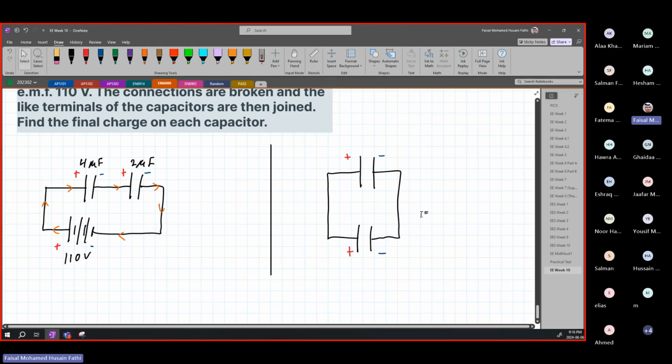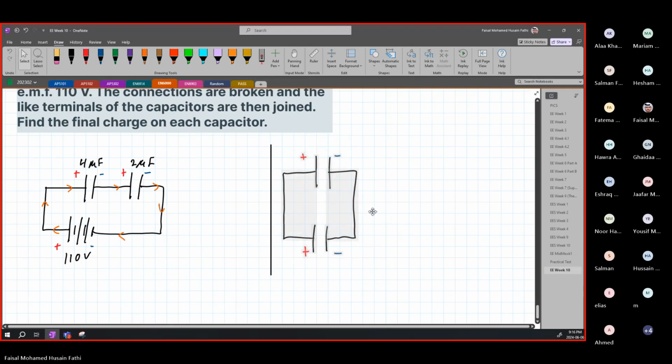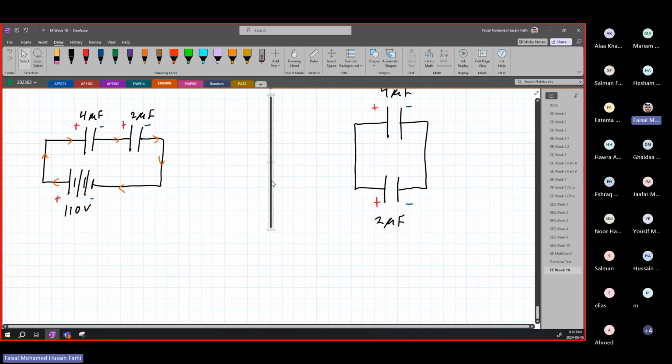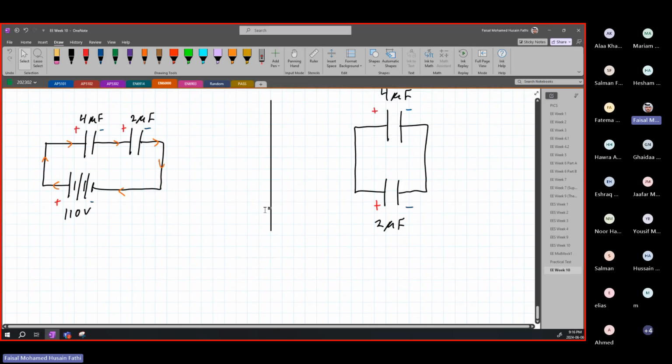Okay, so they were connected together like this. Let's say the top one is the 4 microfarads and the bottom one is our 2 microfarads. Okay. And we'll look at both. We'll first analyze the left one and then the right one.